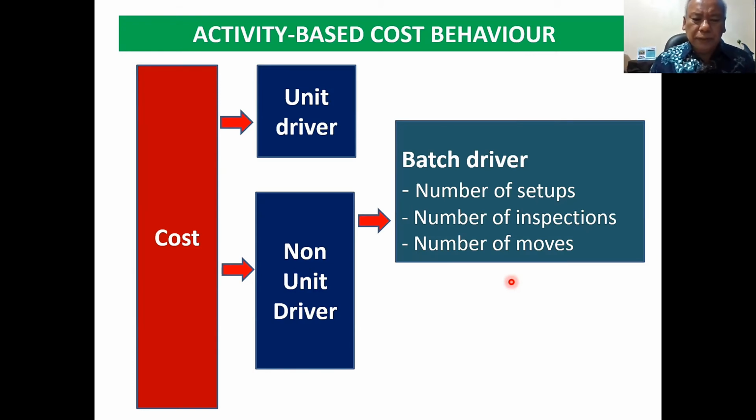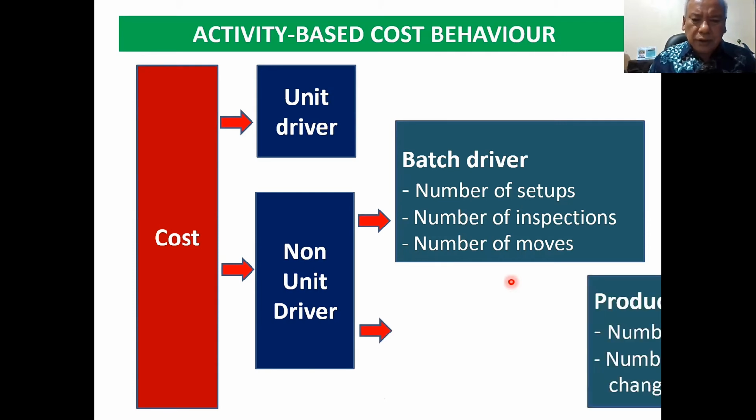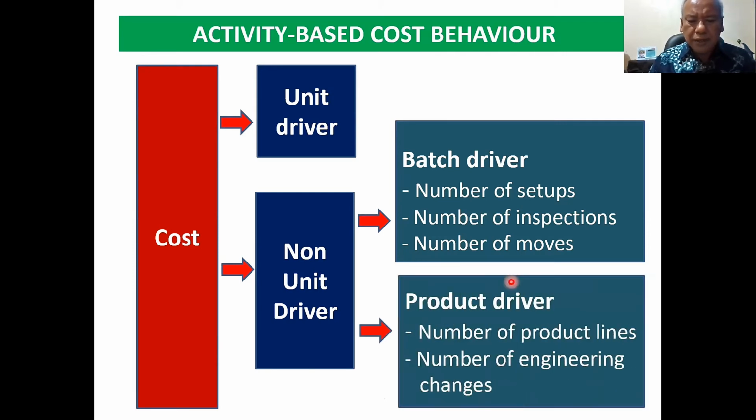And then non-unit drivers also include product drivers: number of product lines, number of engineering changes. So in activity-based cost behavior, we don't just link the cost to the unit driver, but also to non-unit drivers.